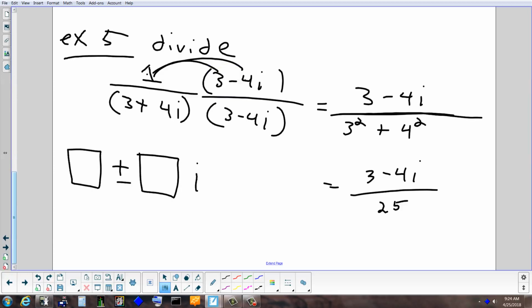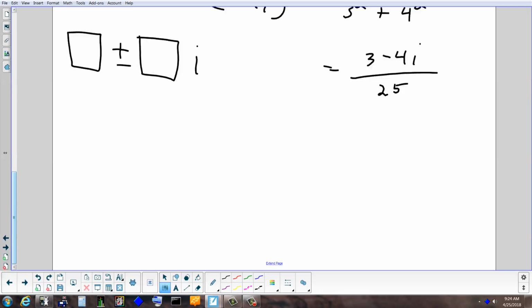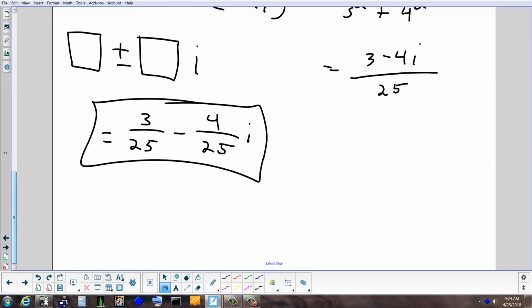So the last thing you have to do to make this standard form is write it as the real part over the denominator minus the imaginary part over the denominator. So the real part is 3/25, the imaginary part, negative 4/25. That's how you would see a final answer on a test.